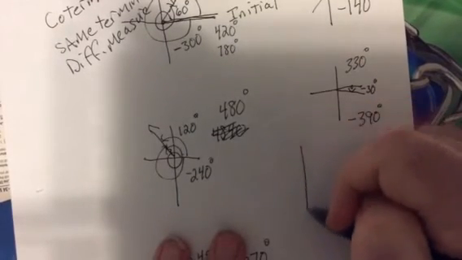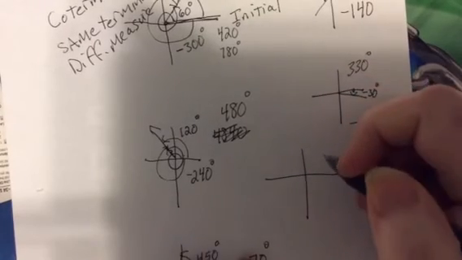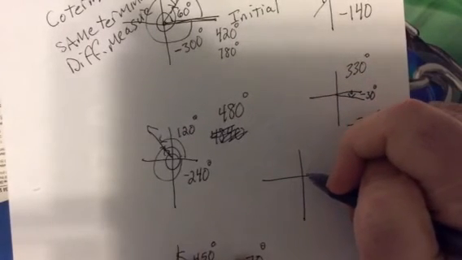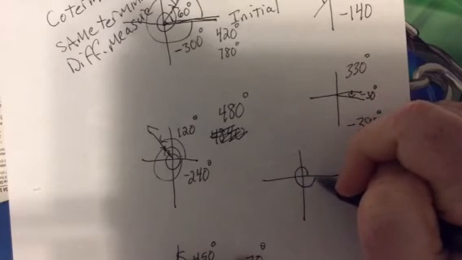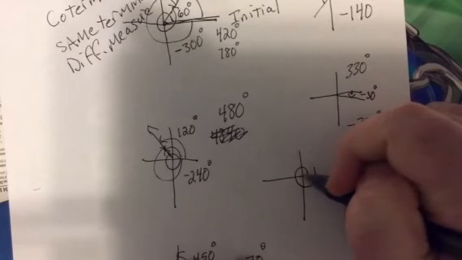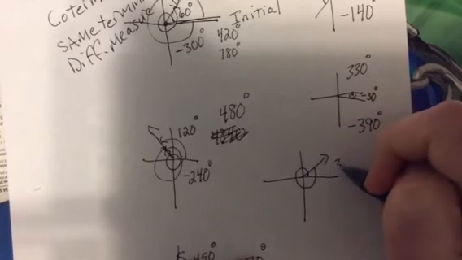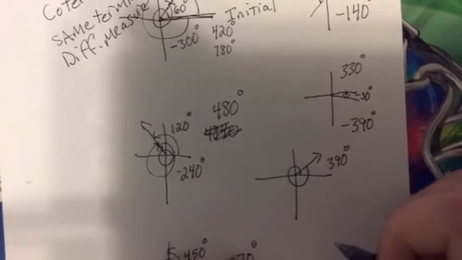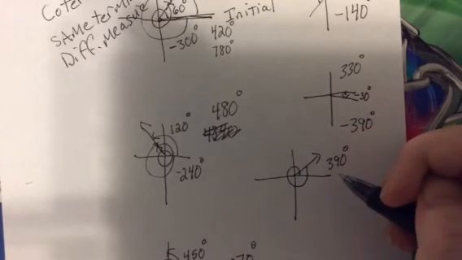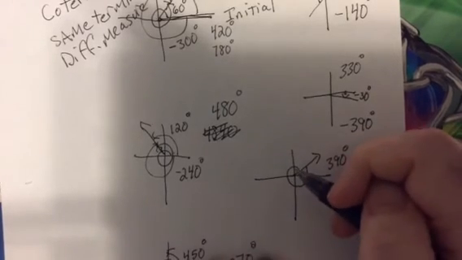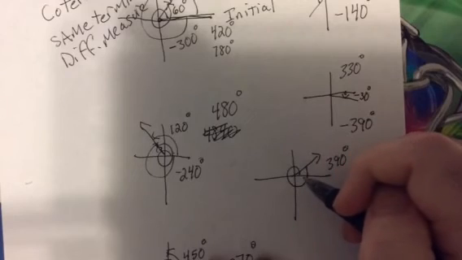Okay, one more for you to try, and then we're done with this video. So let's say we have a 390. Well, go ahead and do it. One negative, one positive. Okay, 360 is all the way around once.